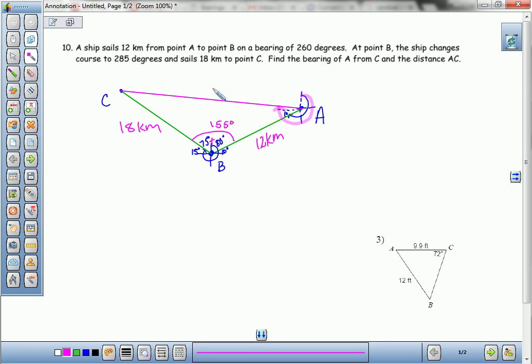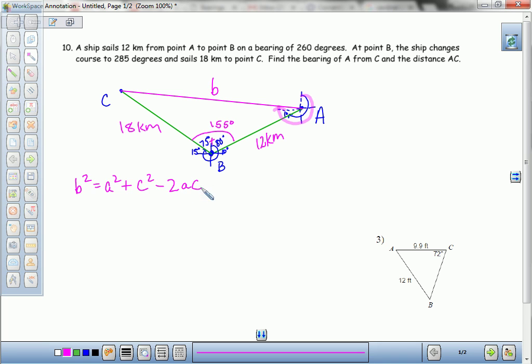Well, let's find this distance first. We can call this B because it's across from point B, or we could call that angle B if we wanted. So we've got two sides and the included angle. Law of cosines would be a good choice. So we have B squared equals A squared plus C squared minus 2AC times the cosine of angle B. So in this case, B squared is equal to 18 squared plus 12 squared minus 2 times 18 times 12 times the cosine of 155 degrees.